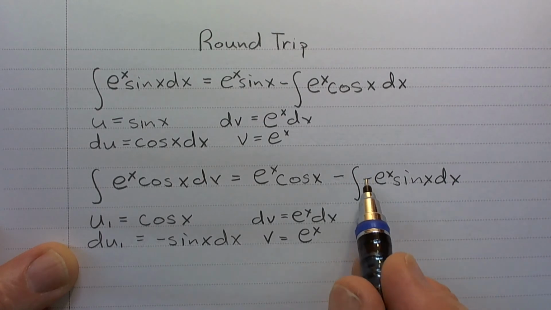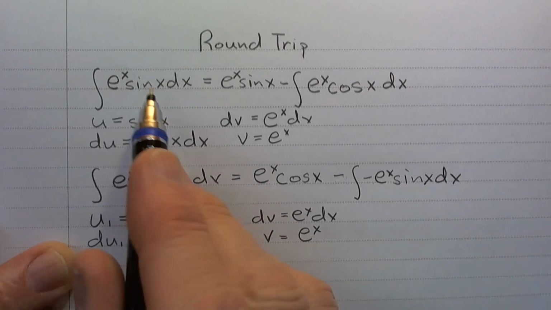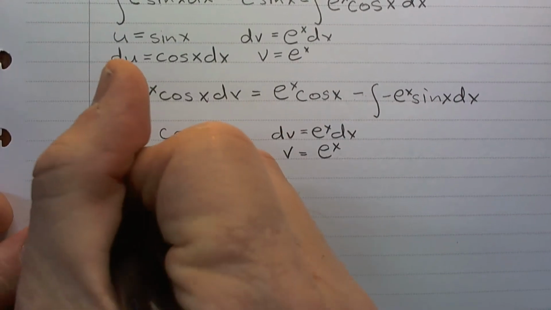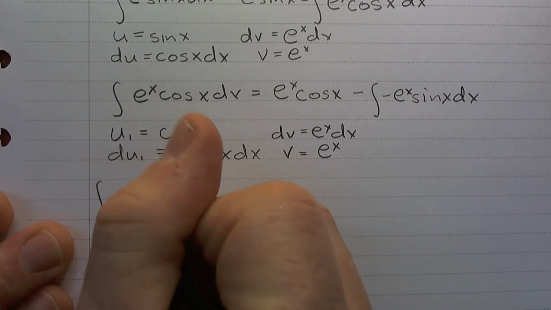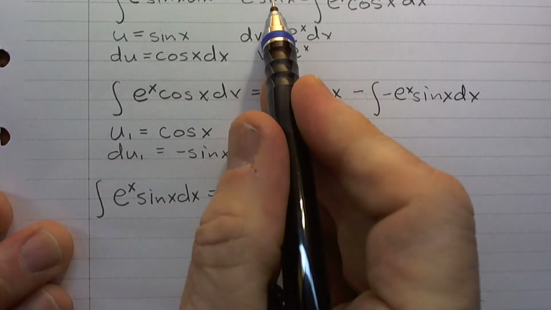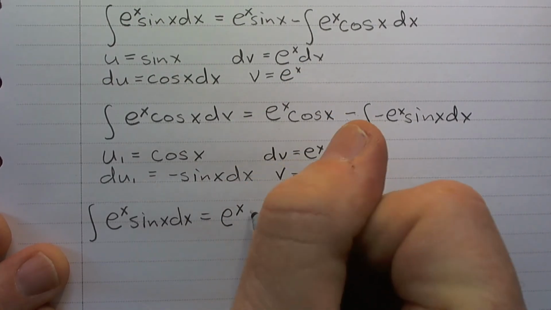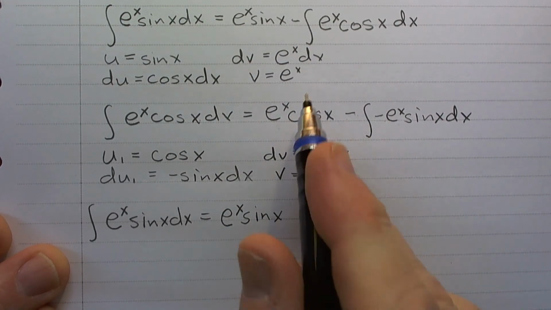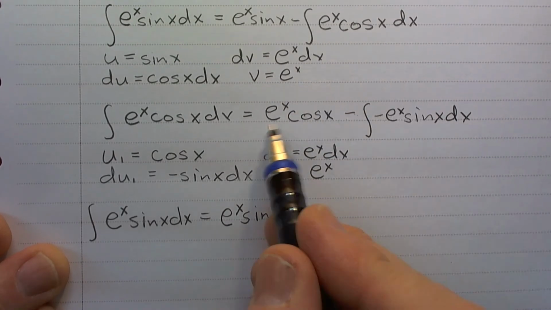Now these two negatives here are going to make a positive, but you notice we're kind of back where we started. So let's put all of this together. Here's where we started. We had e to the x sine x dx equals, now go back up here, this is e to the x sine x, minus, but instead of this integral here, I'm going to put what it is down here.